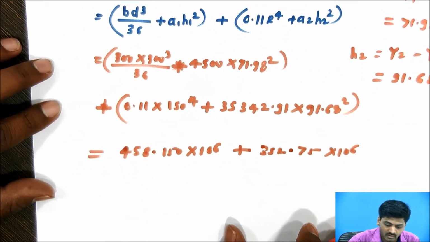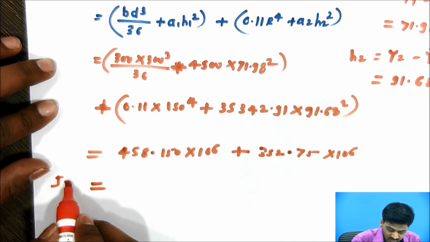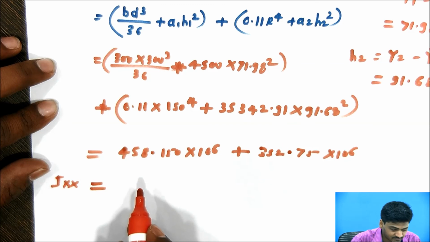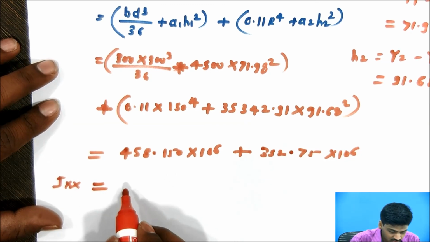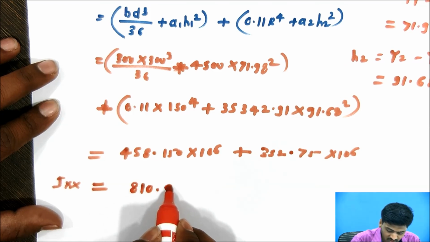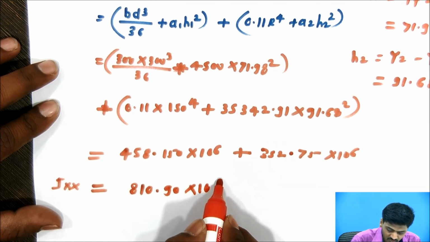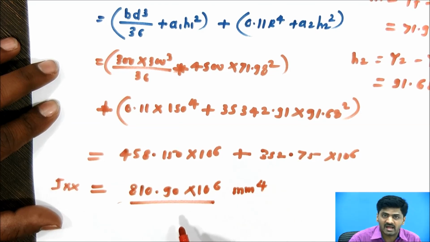Now if I add all these things, you will get the moment of inertia Ixx according to the given problem statement: 810.90 into 10 power 6 mm raised to 4. This is the given answer.